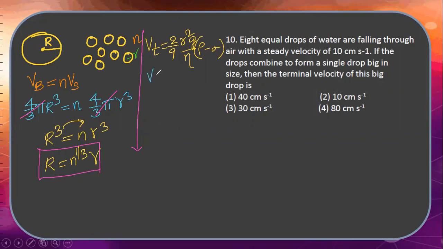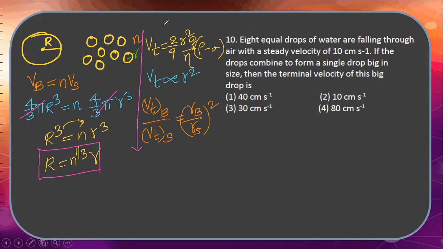Then terminal velocity is directly proportional to r square. Then we'll write terminal velocity of the big drop divided by terminal velocity of the small drop is equal to the radius of the big drop divided by the radius of the small drop, whole square.